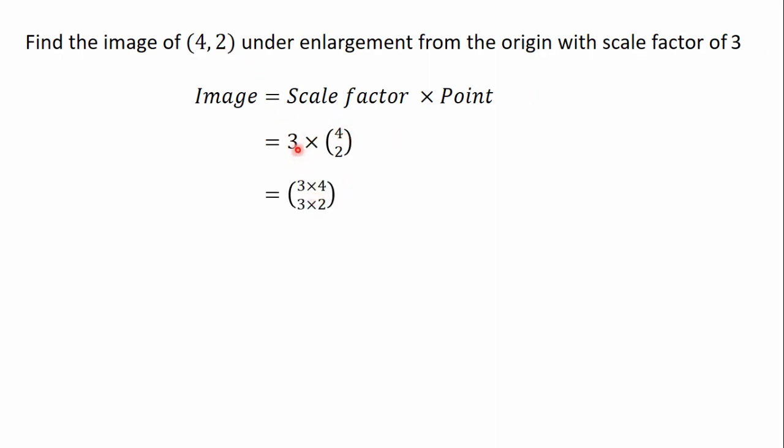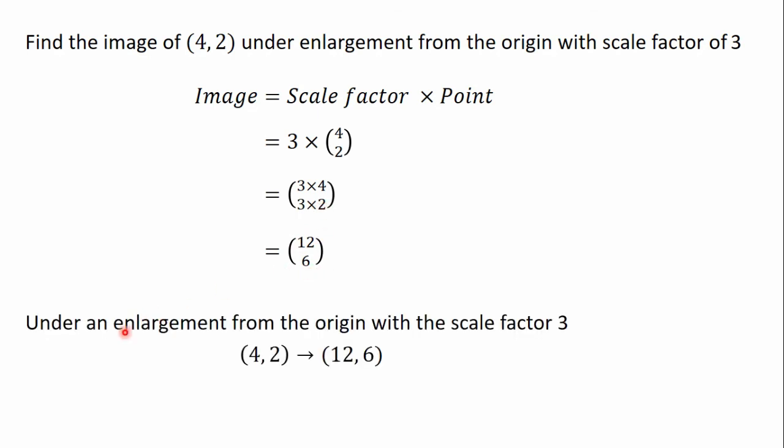And this will give us 3 times 4 as the x component, then 3 times 2 as the y component. 3 times 4 is 12, 3 times 2 is 6. So this means that under an enlargement from the origin with a scale factor of 3, the image of the point (4, 2) will be (12, 6).